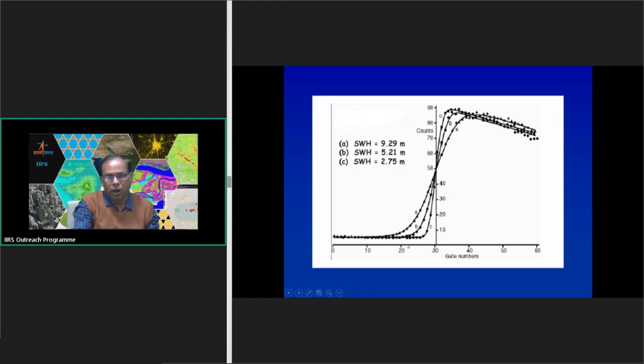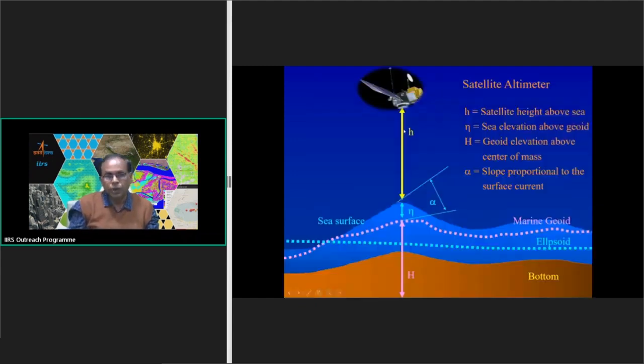So you can see the slope is varying. The slope of the leading edge is related to the significant wave height. Now this shows you the sloping sea surface and how it is related to the geostrophic current.